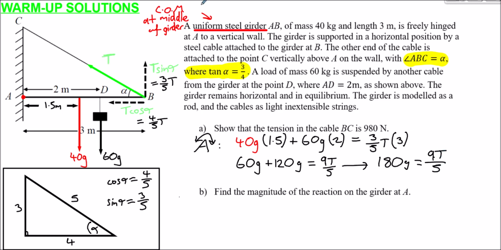If I then divide both sides by 9/5 to get rid of that and just get T on its own, and over here, divide by 9/5 as well, you can see that therefore T must be 100g.